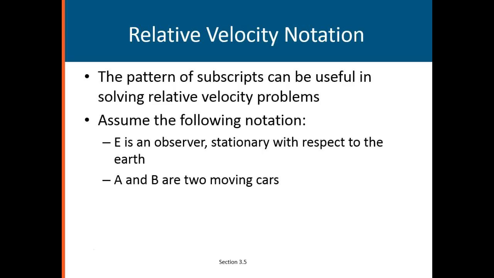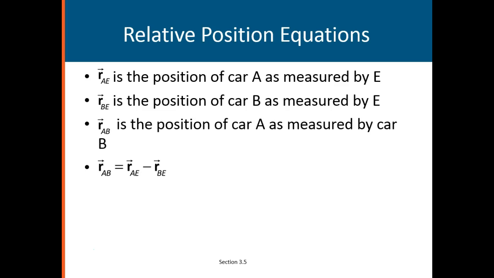If you're fixed on the Earth, then you're observer E. A and B could be the two moving cars. If you're the observer in car A, you would be A, and if you're in car B, you would be B. But they're both moving relative to Earth, so you would have a different issue.